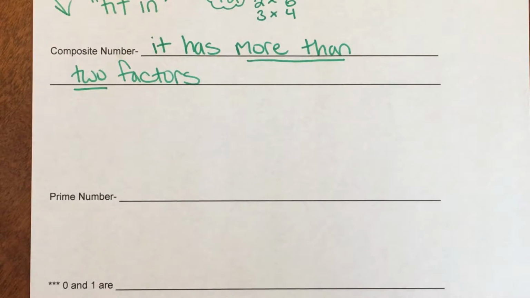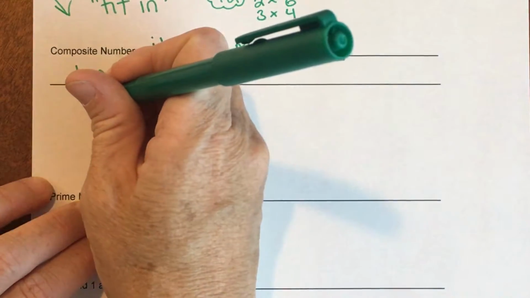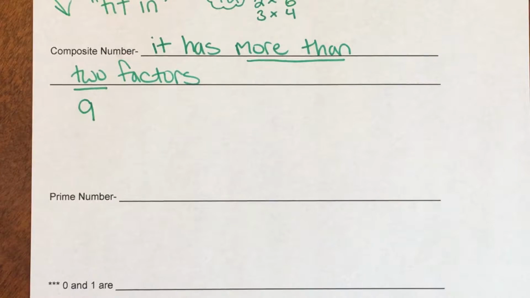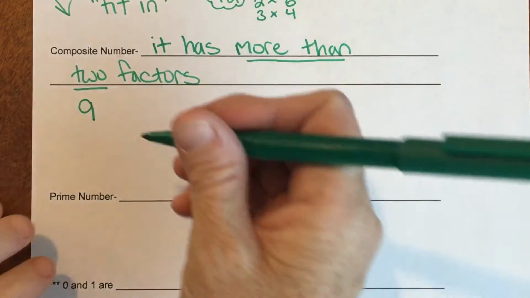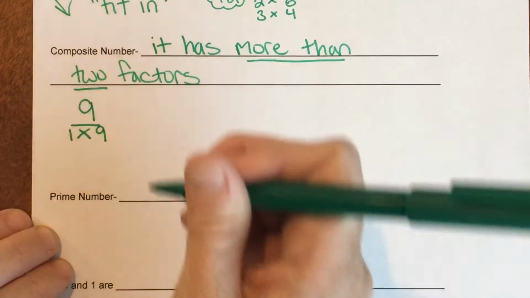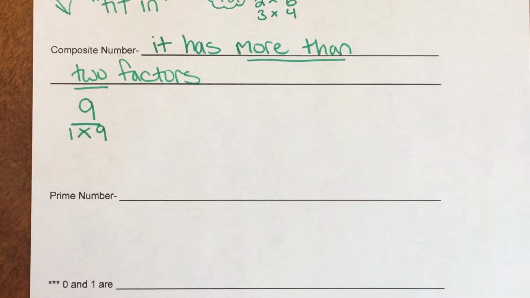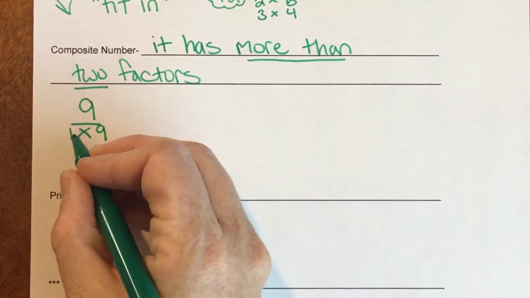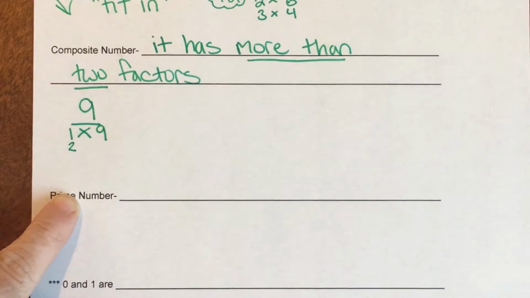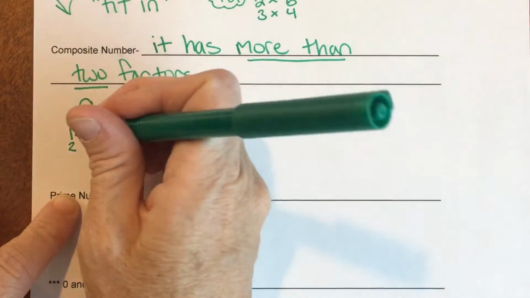Okay, let's try another one. What about 9? How can I make the product of 9? Well, I always like to start with 1. So 1 times 9 will get me 9. Then I always like to go in order. After 1, I'm going to try 2. 2 times what will give me 9? Nothing.